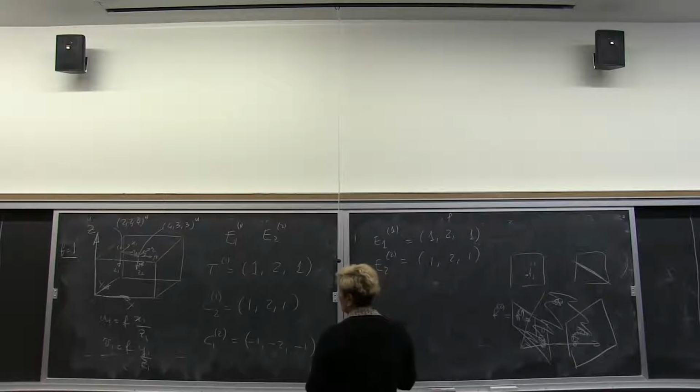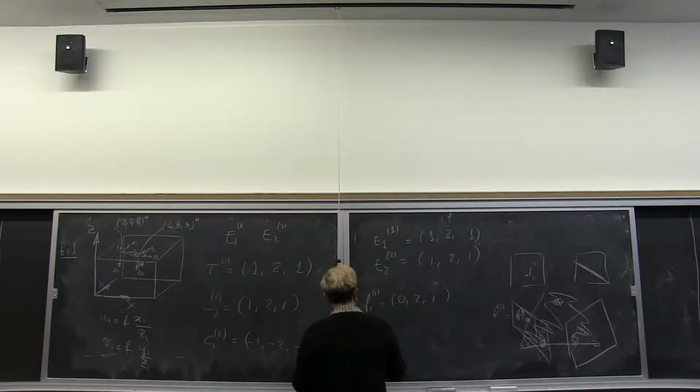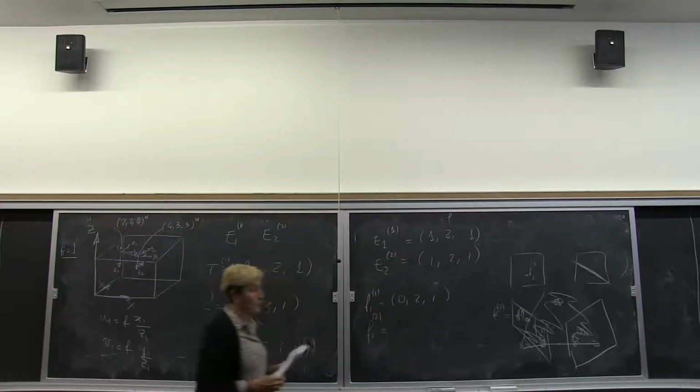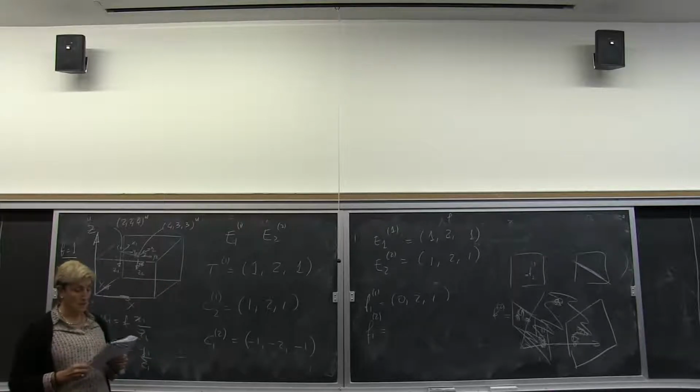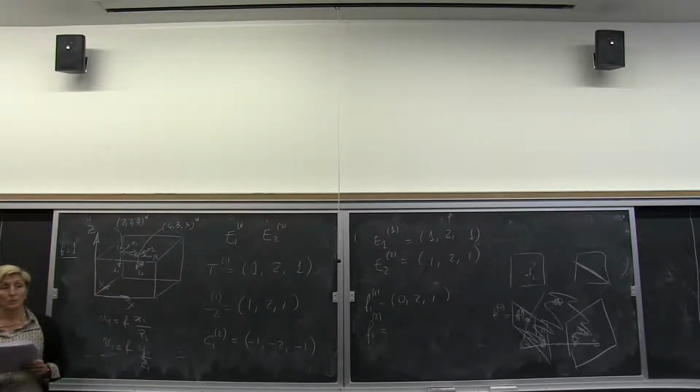So here I just erased what I needed. I had F11 equal to 0, 0, 1. So how much is F12? It's a change of coordinates, right?